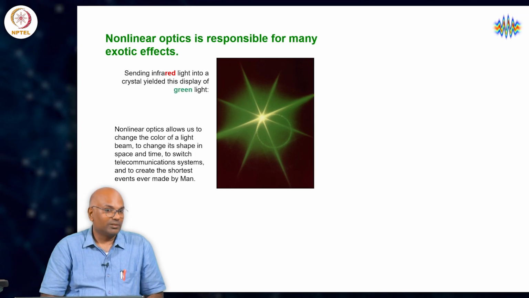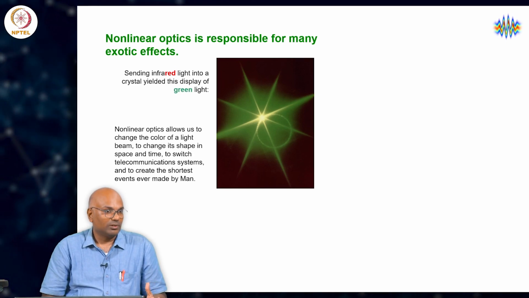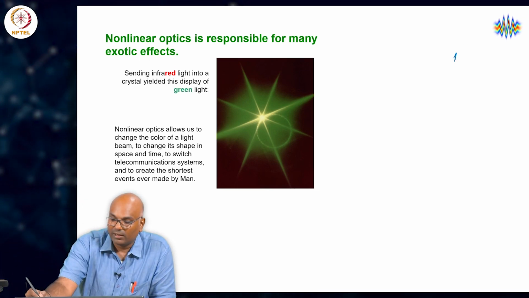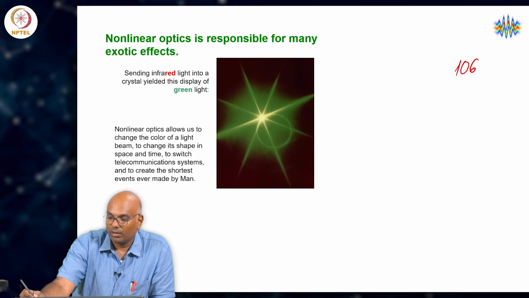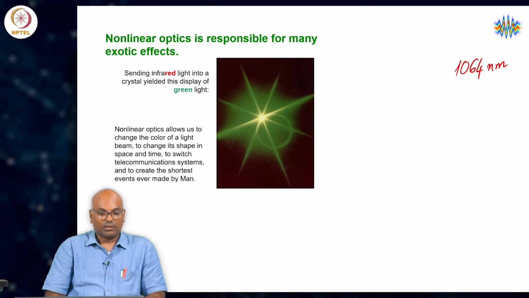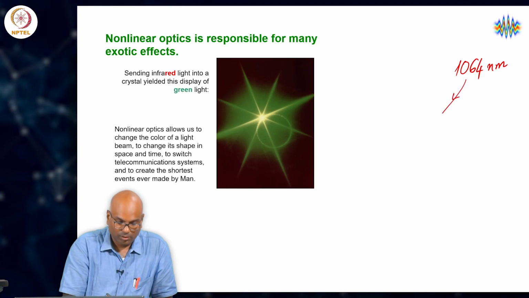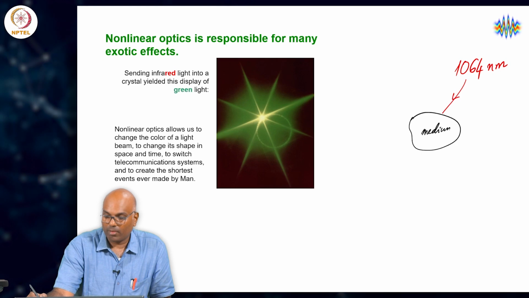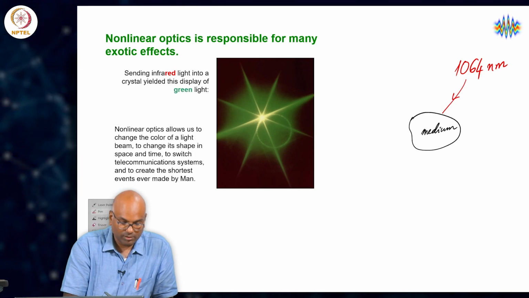Start with red light, and if the response of the medium is not linear, okay, start with red. Let us go to the far end of the spectrum, maybe infrared. Let us say we start with 1064 nanometers, which is a wavelength at which a popular laser emits radiation, and this radiation goes through some medium, and this medium can have a response when it is linear.